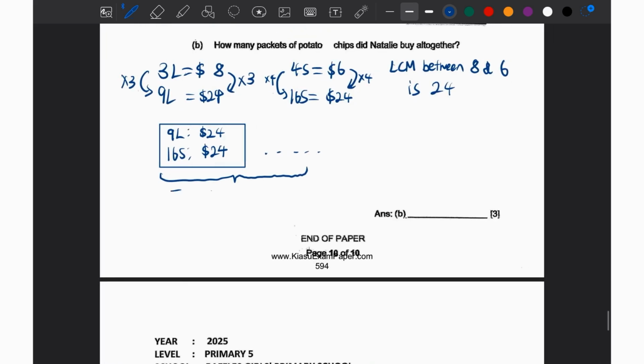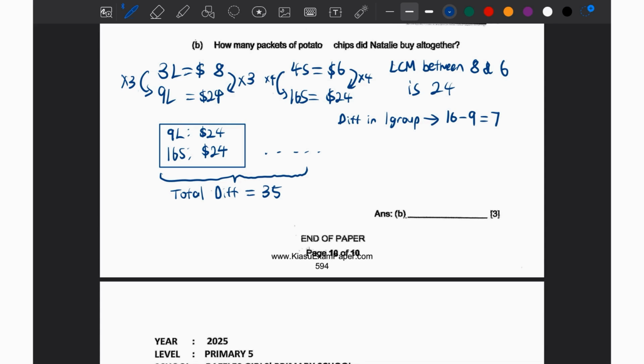So this tells us the total difference in the number of packets is 35 packets. Since we know the total difference, we can find the difference inside one group. So 16 small and 9 large in one group. The difference between the small and the large in one group is 16 minus 9, which is 7. So there is a difference of 7 packets in one group.